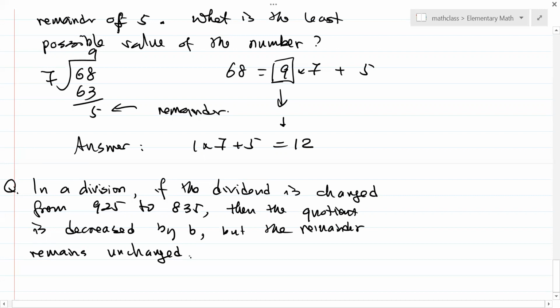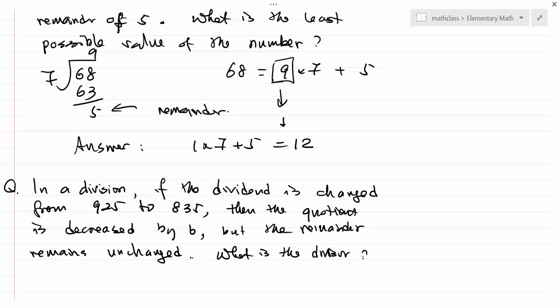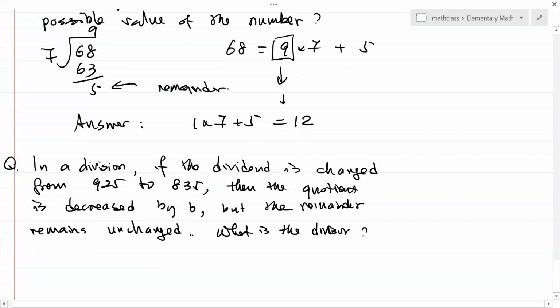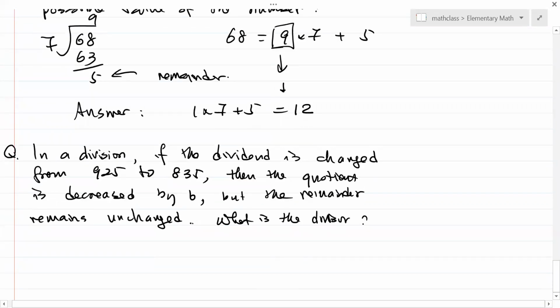My question is, what is the divisor? Because the divisor is not changed, right? If we know the divisor, you can get the rest of them in 925 divided by the divisor. It's pretty challenging. This is the most difficult problem we're going to talk about at the end.